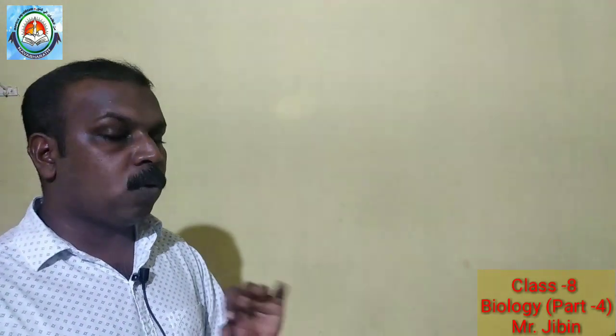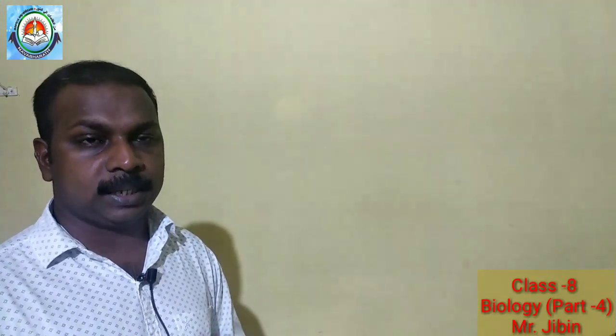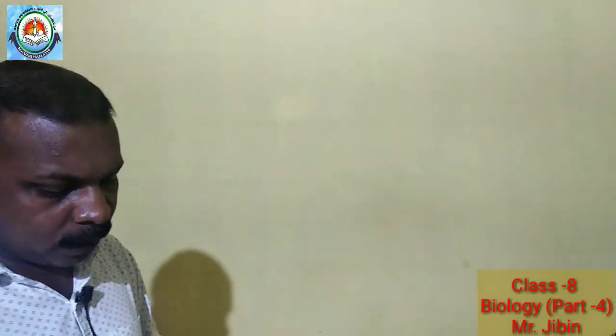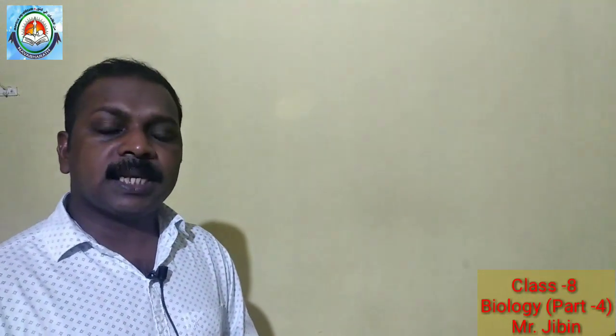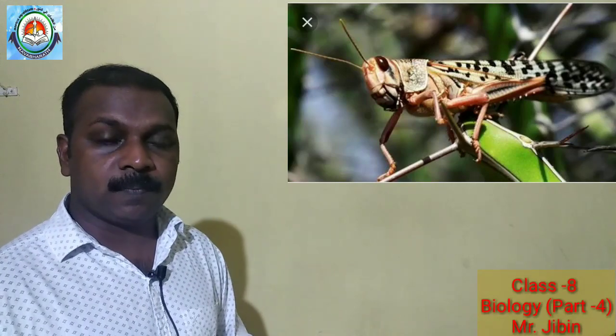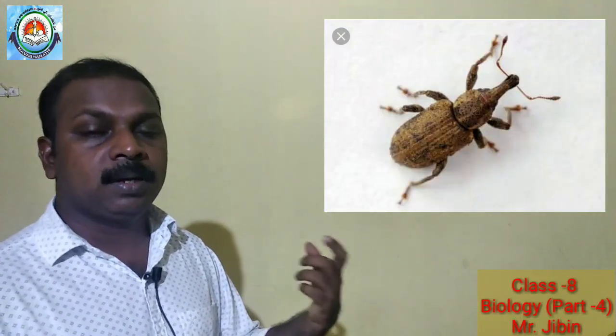So we have to protect the crops from all these organisms like rodents, pests, or insects. Insects like locust, weevil, or termite are some examples of pests that harm the crops.